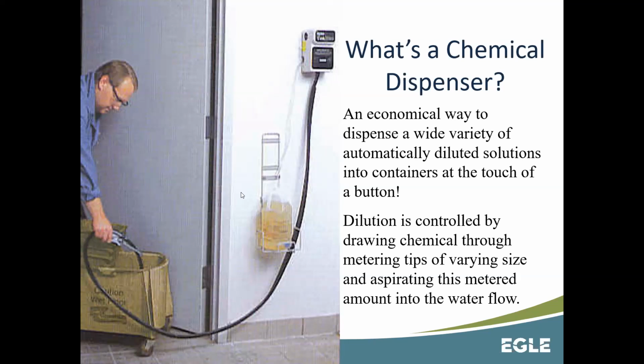Basically, whatever fluid chemical you're plugged into, flip of a switch, you're going to get a dose of that for whatever you need. So in this case, we have a guy filling his mop bucket.